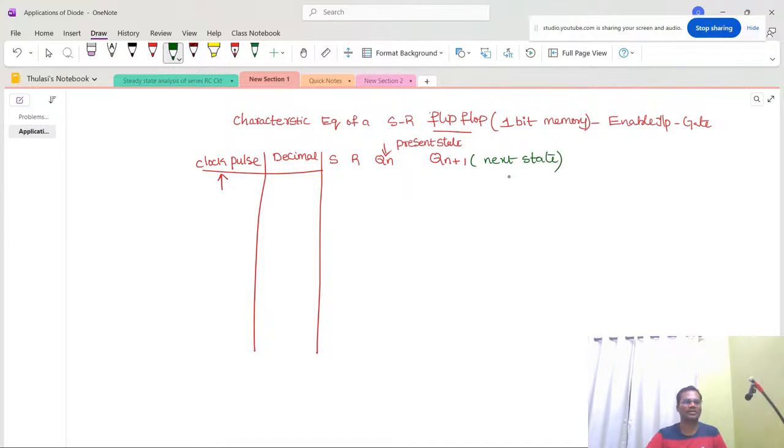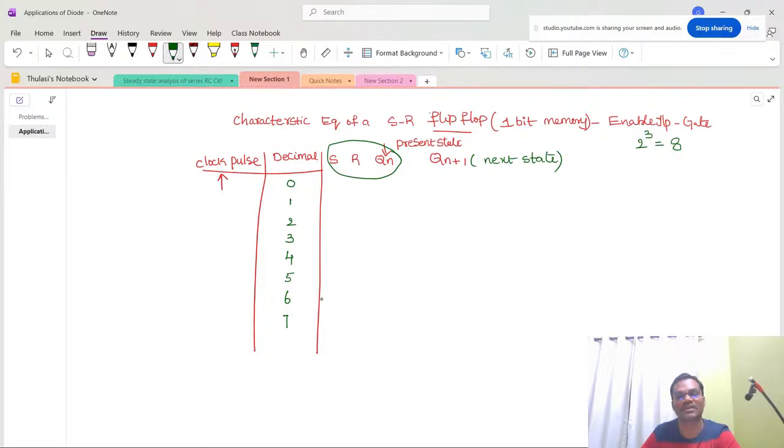Now coming here, we are having 3 inputs. Therefore, the number of possibilities is 2 cube, which is 8 possibilities. So you are going to write the decimal numbers from 0, 1, 2, 3, 4, 5, 6, 7.